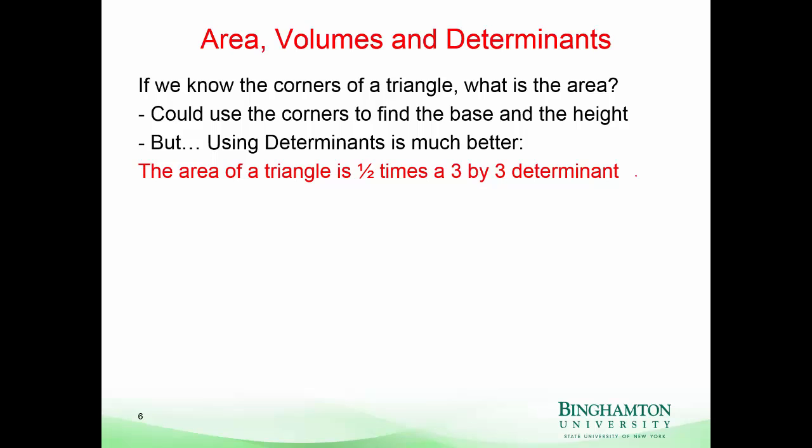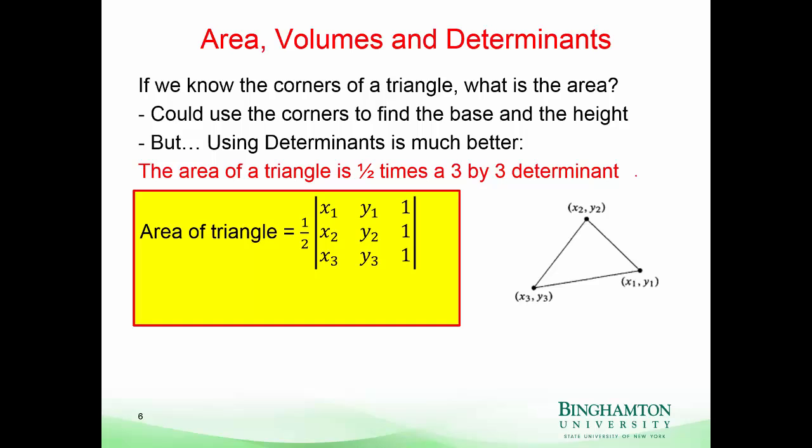Now we already alluded to the fact that a determinant finds the volume of the parallelepiped whose edges are defined by the columns of the matrix. So we can define this triangle this way. We've got 3 points, each having 2 coordinates, and so that would be the formula that you would use.